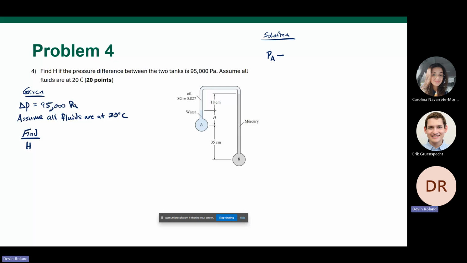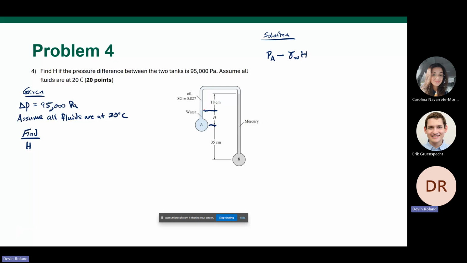And then, because it's water, that pressure there is going to be the specific weight of water multiplied by the height of water, H. Then we're going to move from, I'll mark it on here. So that was moving from this level to this interface. That's that first term.